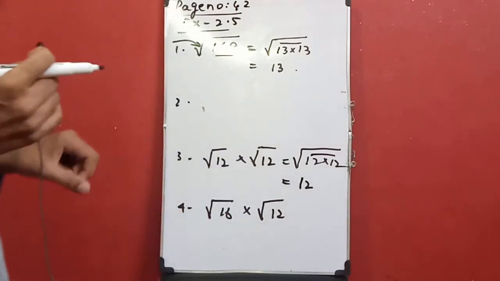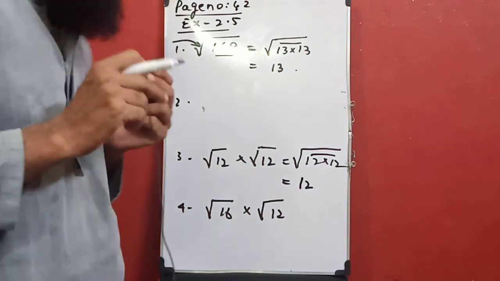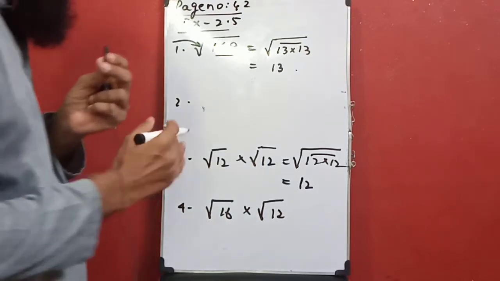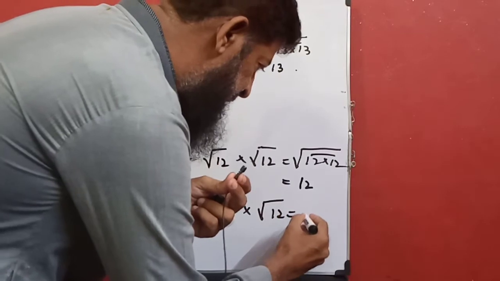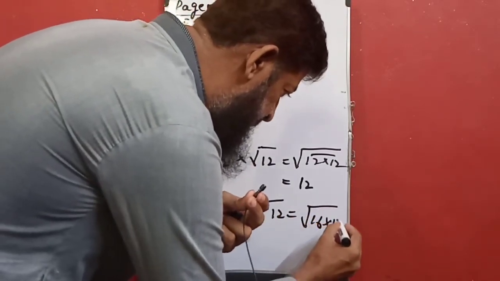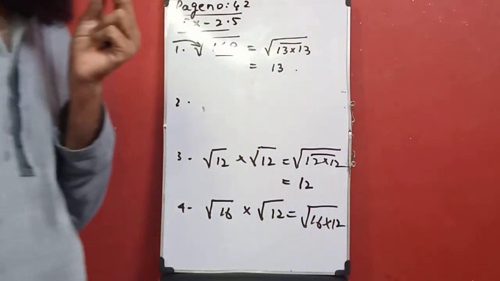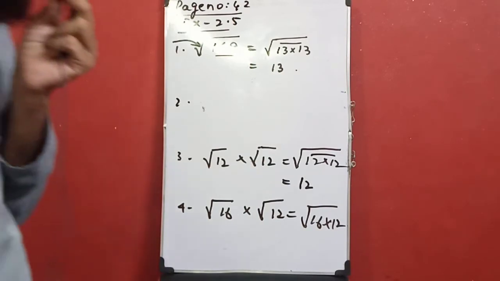But in question number 4, there are two radicals multiplied with each other. They have different numbers. First, we write both numbers in a single radical sign. Radical 16 multiplied by radical 12, both are written as 16 into 12.